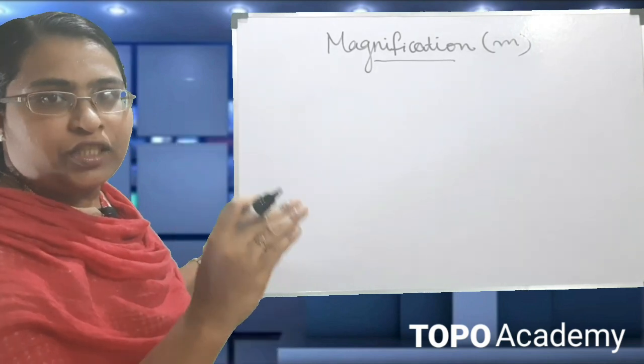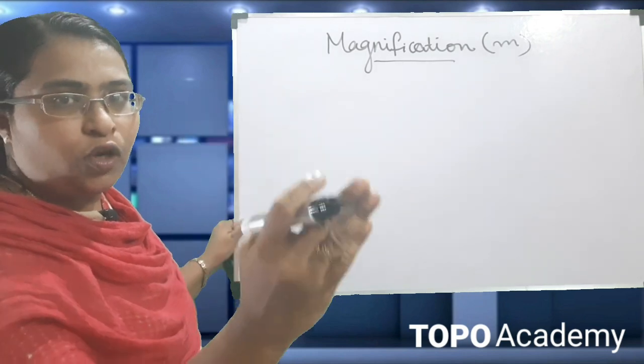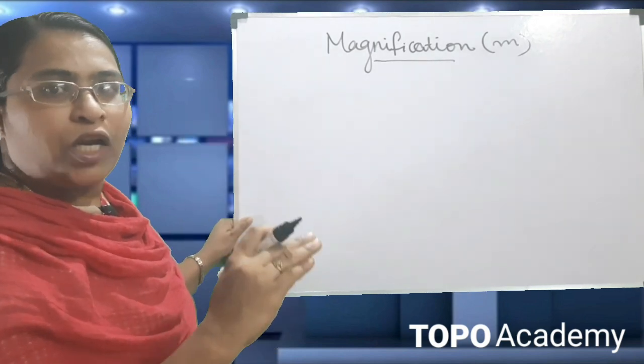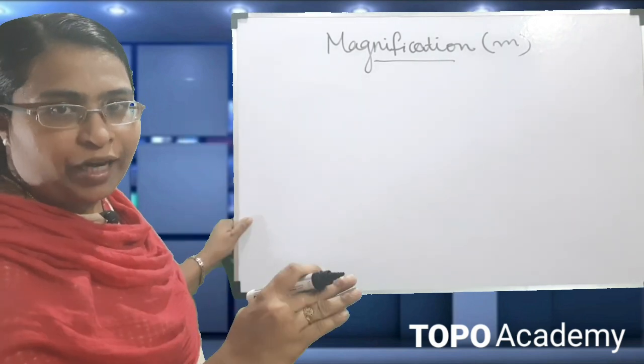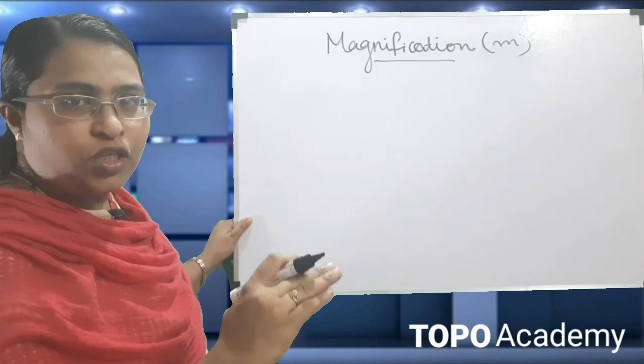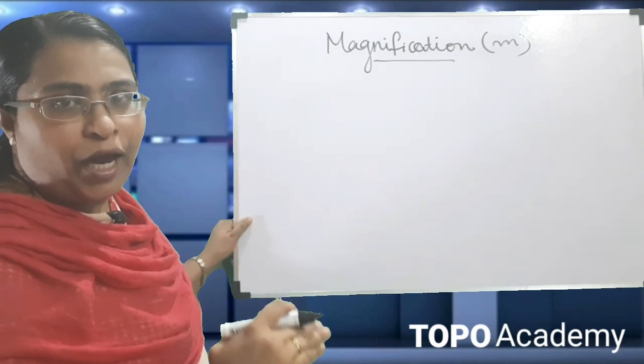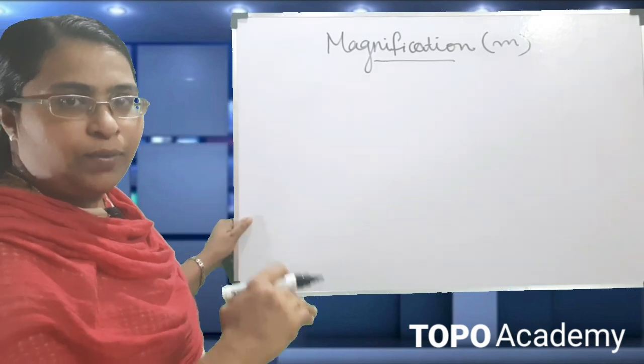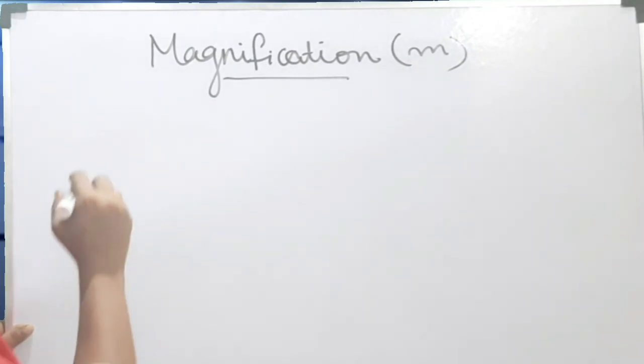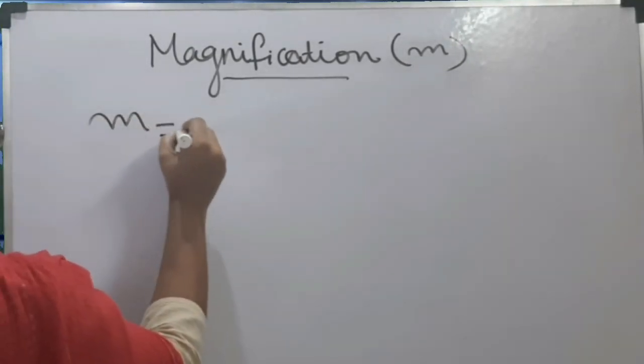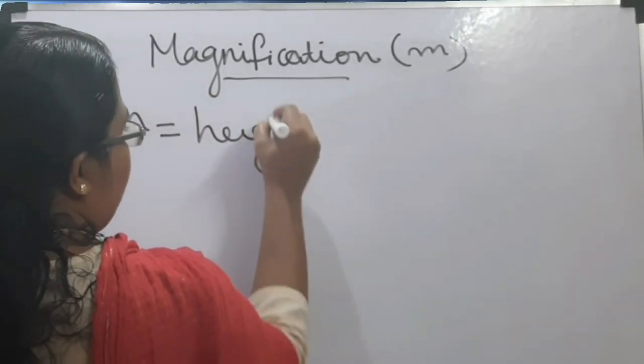That is magnification: comparing the size of the image to the size of the object. In the case of a mirror we have seen the equation to find the magnification. Magnification is equal to the height of the image produced divided by the height of the object. The same equation we apply here.